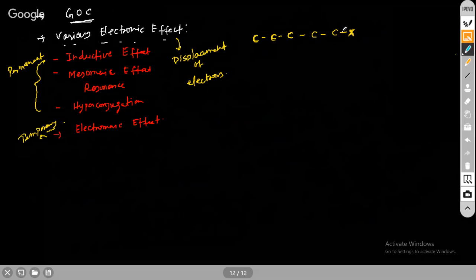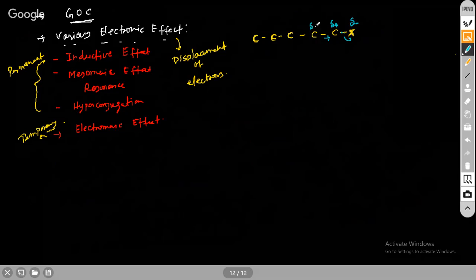So what happens, the bond pair that you have here is slightly shifted towards this halogen atom, and it becomes delta negative. It will have slightly negative charge, and this carbon will have slightly positive charge. Now when this is positive, it will also drag this electron pair to this side.